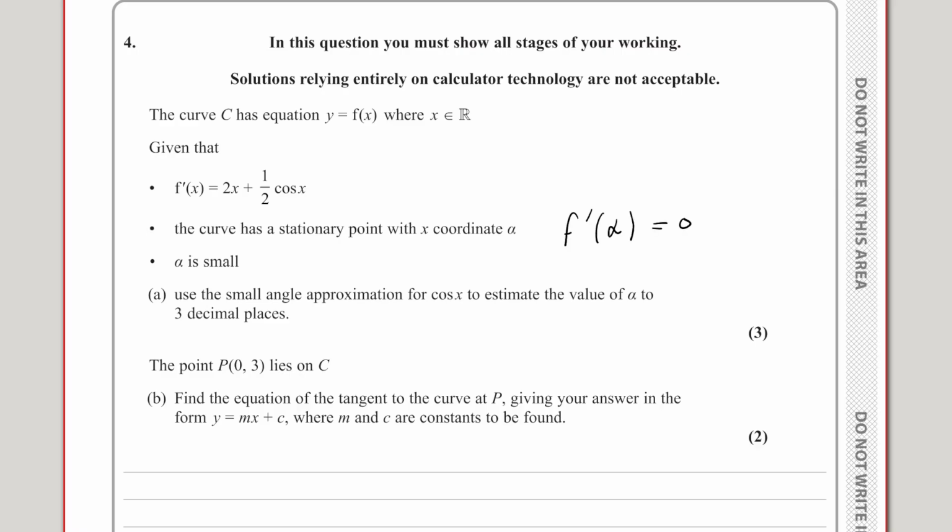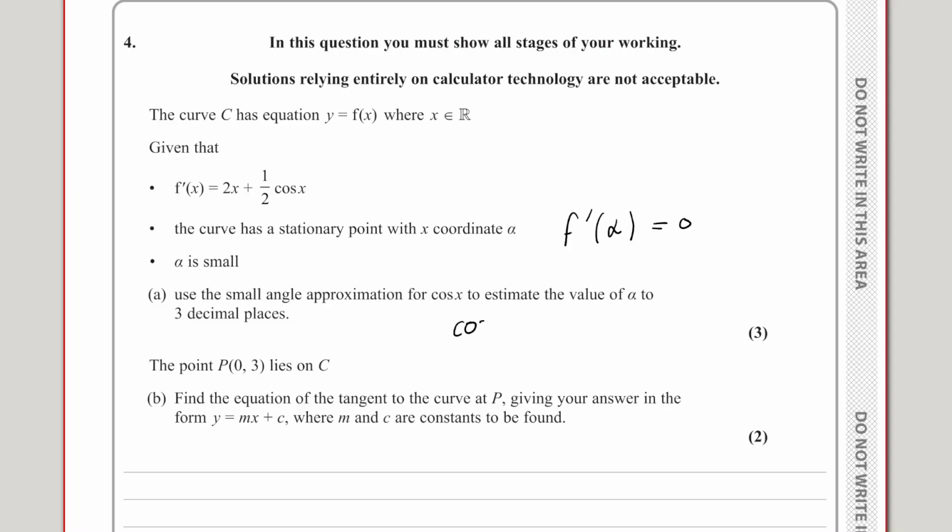And alpha is small, so we can use the small angle approximation. Part a says use the small angle approximation for cos x to estimate the value of alpha to 3 decimal places. The small angle approximation for cos x is in our formula book.